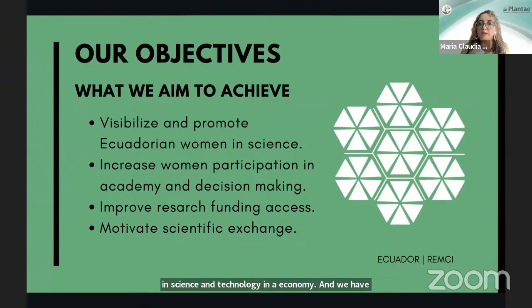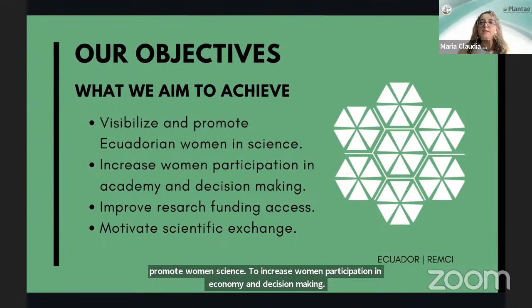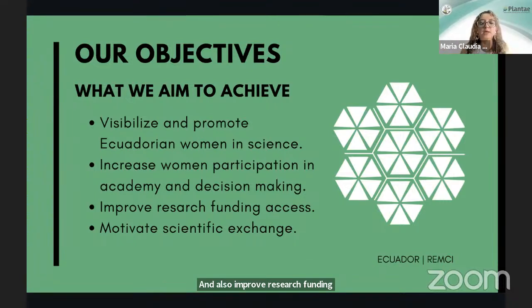The visibilization of Ecuadorian women in science, to promote women in science, to increase women's participation in academia and decision-making, and also improve research funding access through sharing this information, and also motivate scientific exchange of data related to women in science.